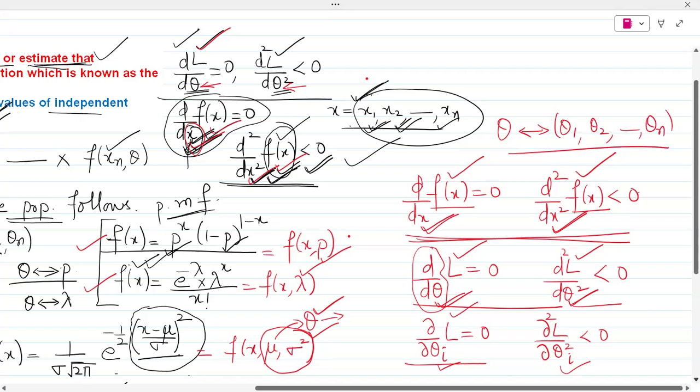So if theta has n components, then we try to find or estimate all the components of theta, because in order to find or estimate theta, we have to find or estimate all its components which maximize L. So that's why we will be using these notations also.